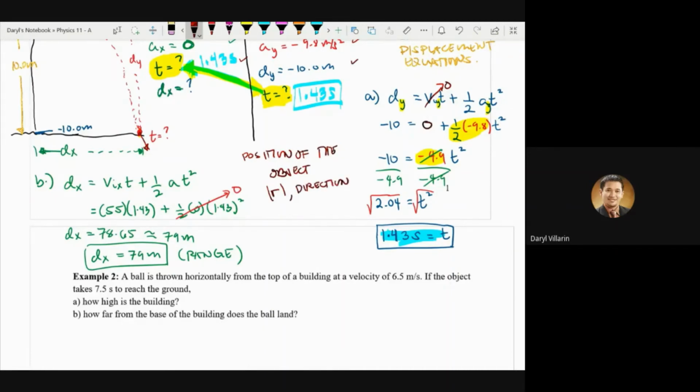Same as in two-dimensional motion, the magnitude of the position is affected by both dx and dy. For the direction, the usual basis is the horizontal, so you solve for theta, which is tangent inverse of dy over dx.